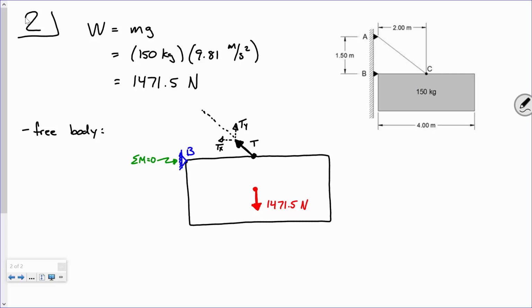One of the big secrets behind how to do statics problems really easily is what's called the principle of transmissibility. And I know that's a really big word, but it's a big word for a really simple concept.